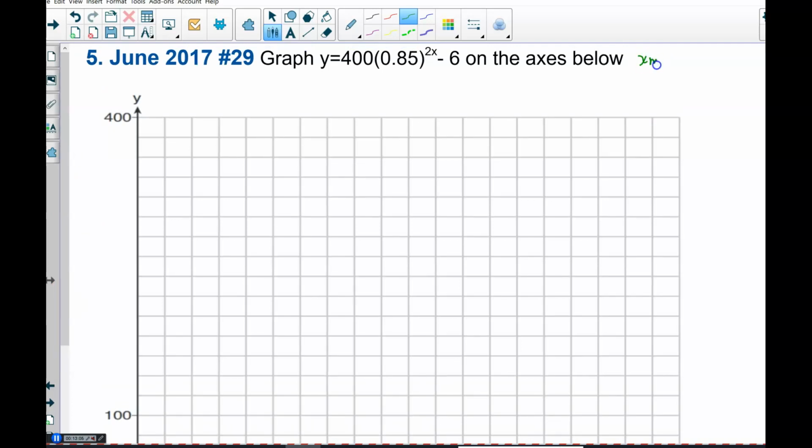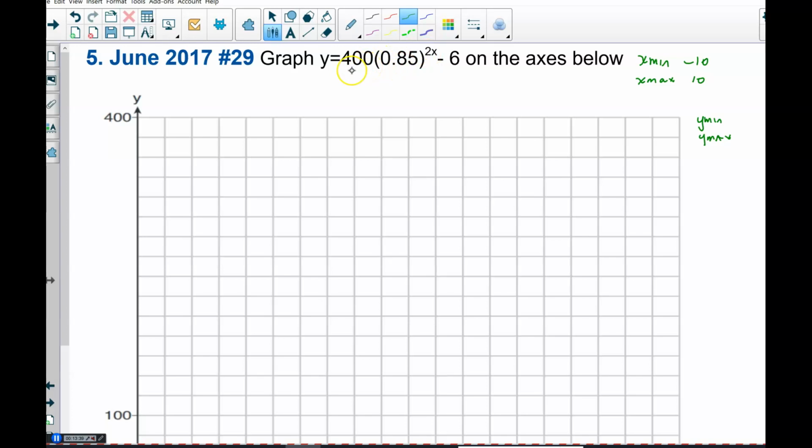So when you're readjusting the window, you're really changing x min, x max, y min, and y max. And so for now, I'm going to keep the x min and x max as the default, -10 to 10. But the y min, I really couldn't see anything. But if I plug 0 into this function, 0.85 raised to the power of 0 is 1, and 1 times 400 would be 400.